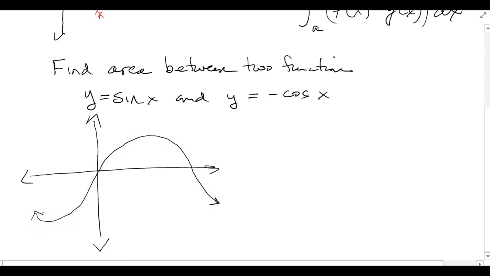Now, negative cosine x. We all know cosine x starts at 1 and loops this way, but we don't want that. Let's erase those dots. We need to start down here at negative 1.